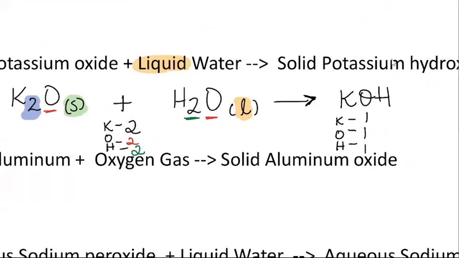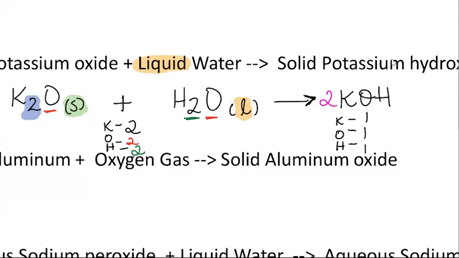Excellent. So as you guys can see, we have more atoms of potassium, oxygen, and hydrogen in the reactant compared to the products. We actually have 2 in the reactants, but then we have only 1 in the product of each. In order for us to match them, all we need to do, you guys, is to put a 2 in front of KOH.